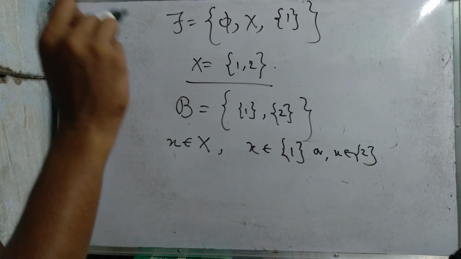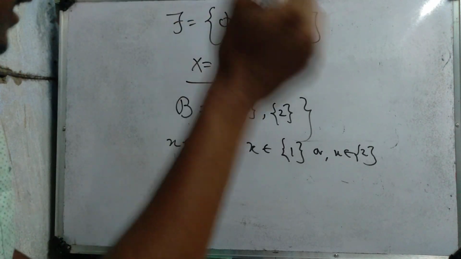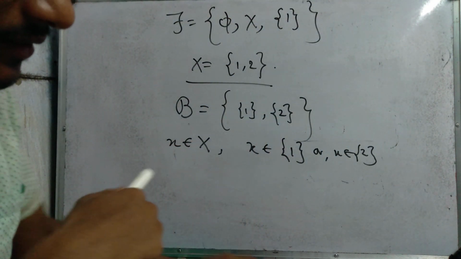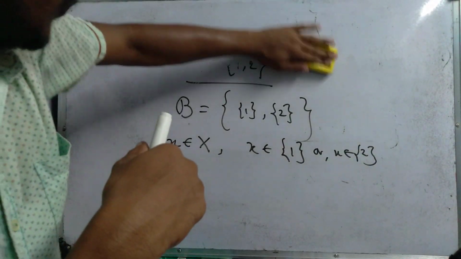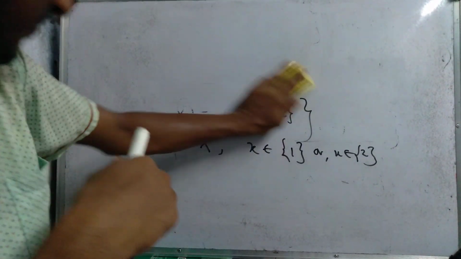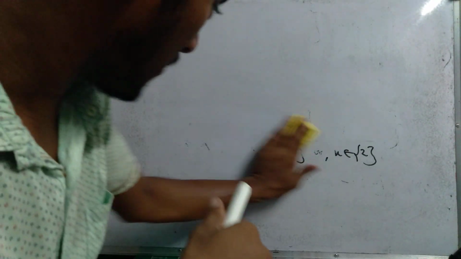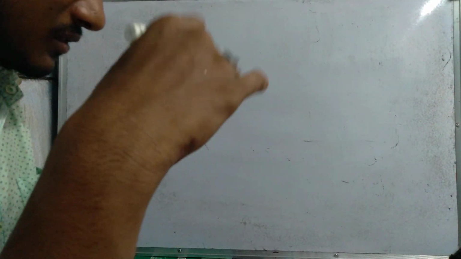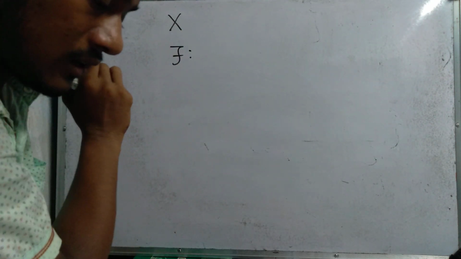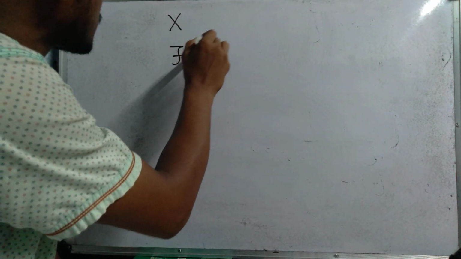Okay, if we construct another topology, then for the remaining we find basis elements according to this topology. That means we construct a set x where the topology is, which topology do we construct?